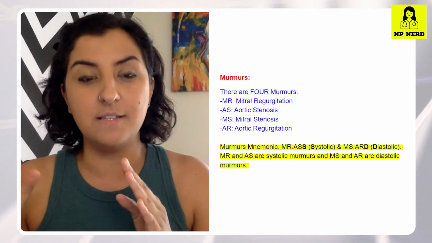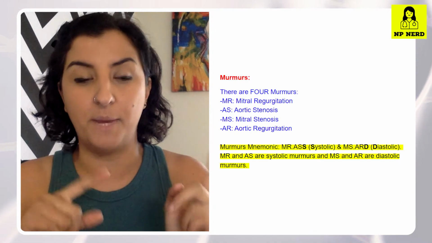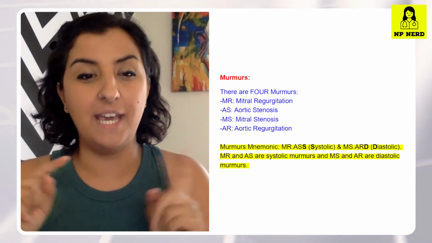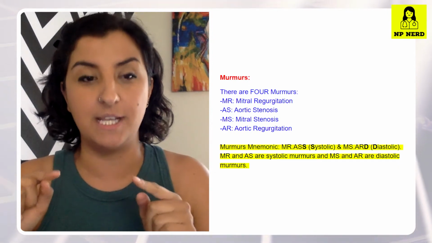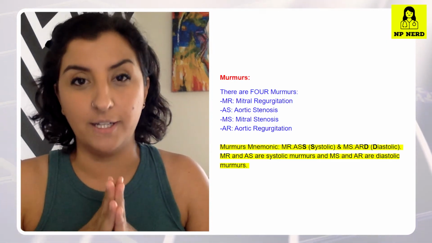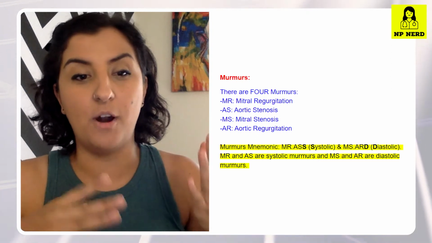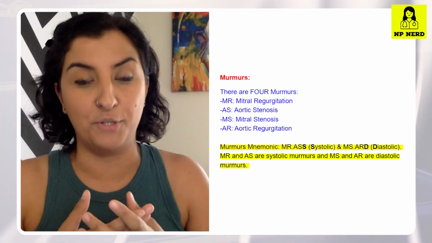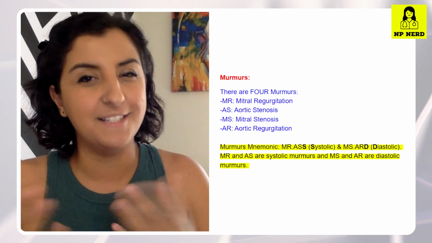Mr. ASS, MR stands for mitral regurgitation, AS stands for aortic stenosis, and the last S there that's bolded stands for systolic. So this is telling you that MR and AS are systolic murmurs. Does that make sense?